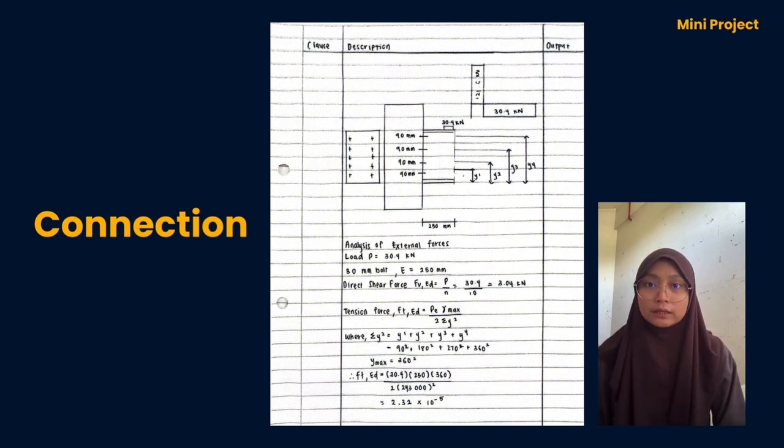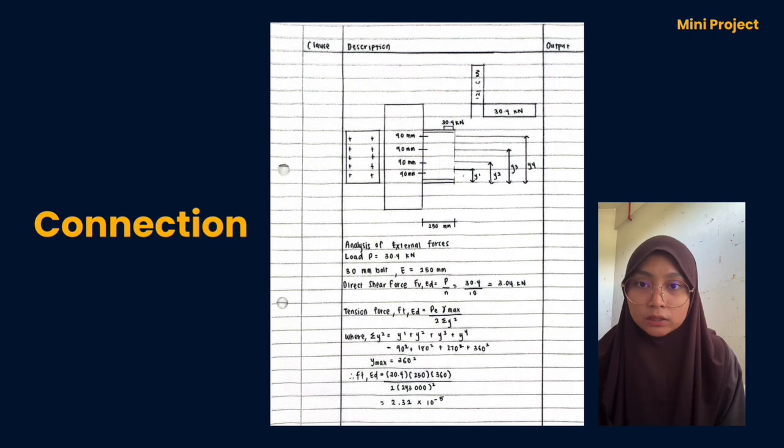Next, we calculate the tensile force due to eccentricity using this formula. We sum the square of distance from the centroid with Ymax equal to 360mm. So FtEd is equal to 2.32 times 10 to the power negative 5.